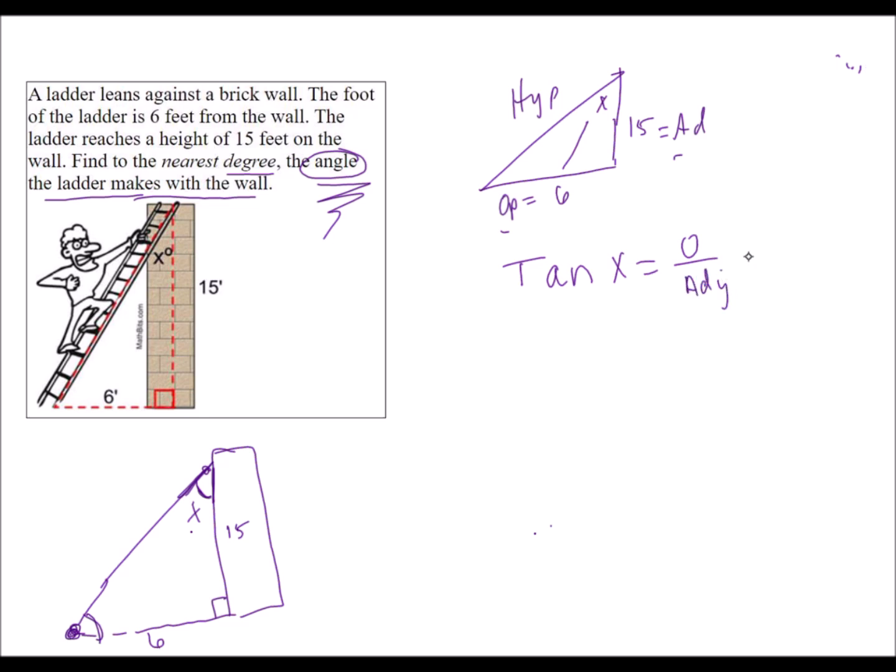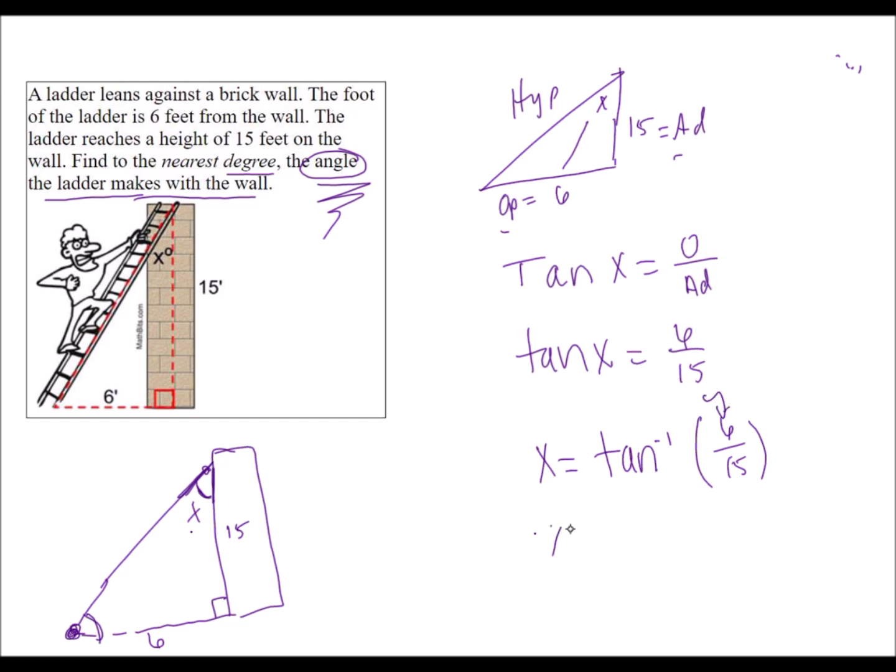I don't know why I wrote that all out. So tangent of our angle is 6 over 15. Easy to find angles. X equals, and then you do the inverse of that guy with a little -1, and just plug your fraction in.